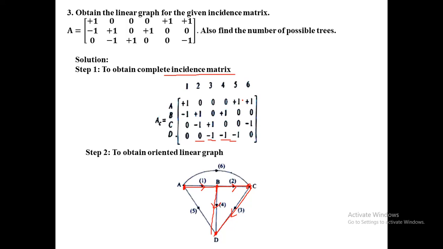Next, the fifth column, values are A and D. Already we have the nodes A and D. Just connect the line, and D is having -1, so we put the arrow in this direction. Next, the last column is A and C. We can draw the line A and C, and the C value is minus, so we put the direction like this. This is the oriented graph.